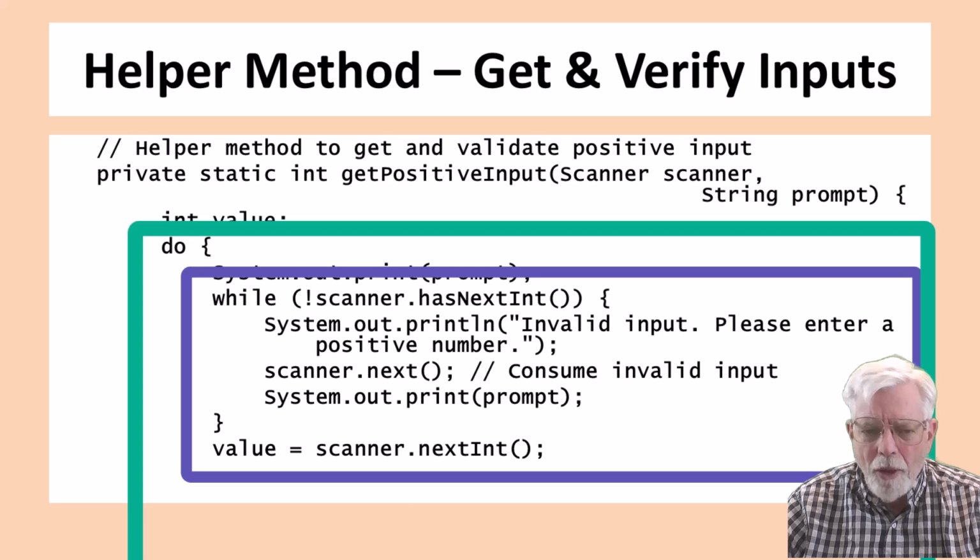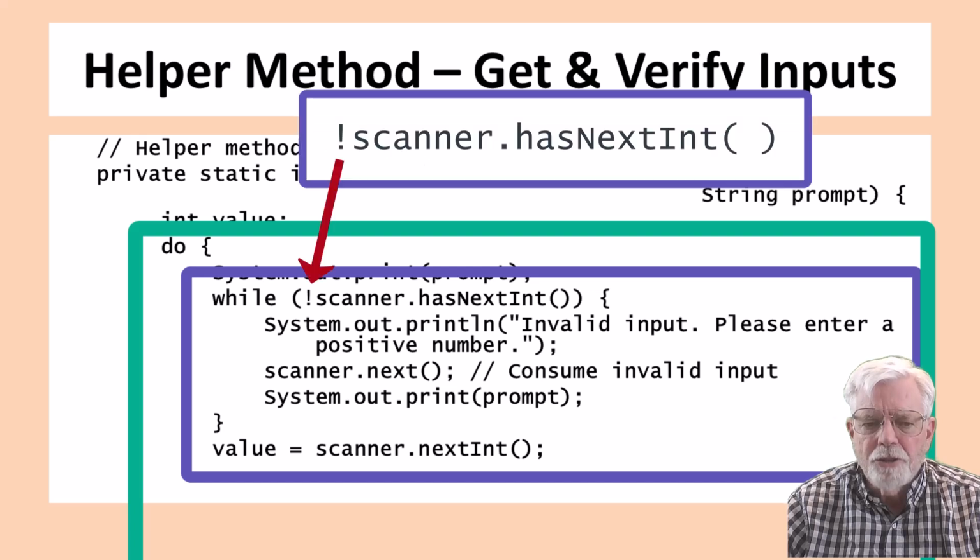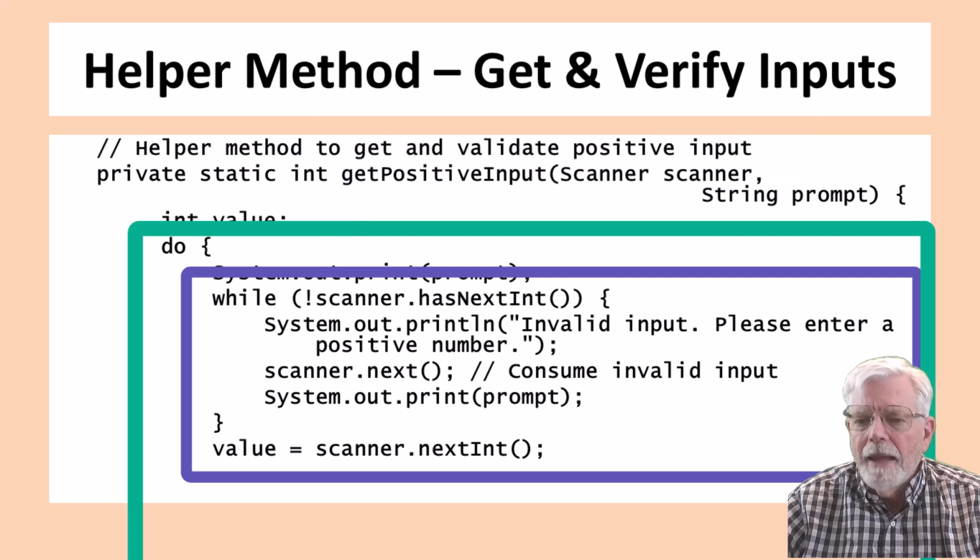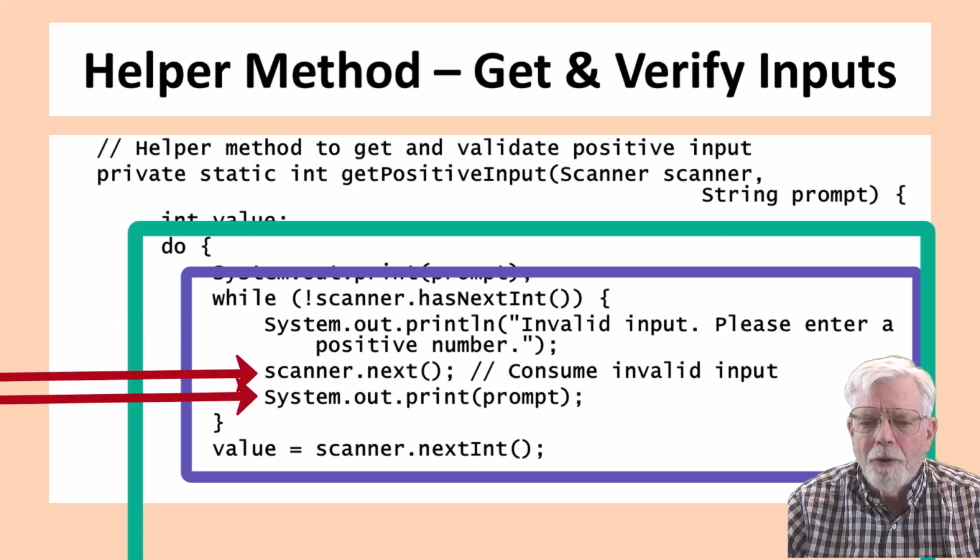Then there is a while loop that checks to see if an integer has been typed on the keyboard. If not, the not condition is specified by the exclamation mark, then an invalid input, please enter a positive number message is displayed and any characters left over in the keyboard's input buffer are cleared.